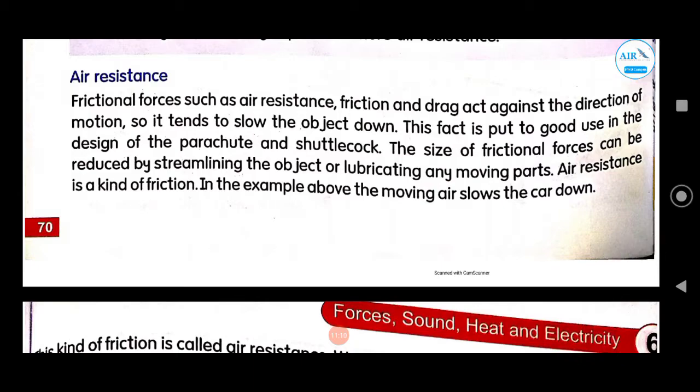Air also has some resistance. For example, when an aeroplane moves or a missile is being fired, the tip of the missile and the tip of the aeroplane get heated. Why is it heated? Because when it rushes through the air, particles strike it and provide frictional forces to that object.